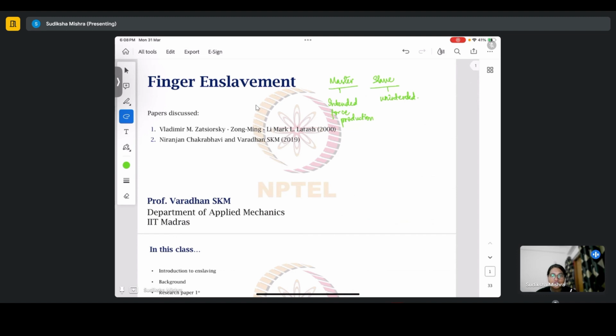The first paper points towards the involvement of neural factors in finger enslavement more than mechanical coupling, and the second paper further adds on to that.